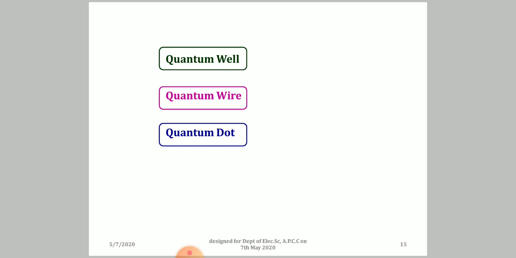These are the 3: quantum well, quantum wire, quantum dot. From the next class onwards, we start with these 3. We will incorporate our mathematics, choose appropriate numerical techniques, and try to solve by hand, at least in basic principle, how a realistic quantum structure can be solved.